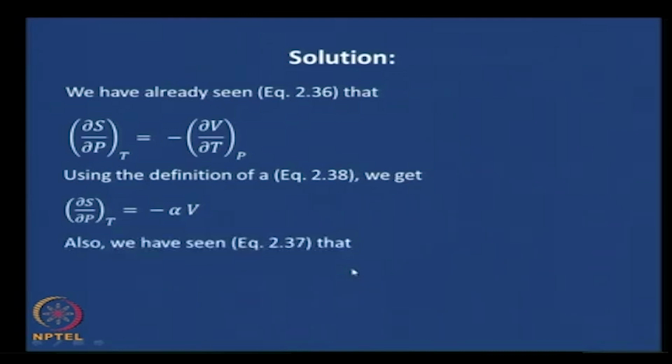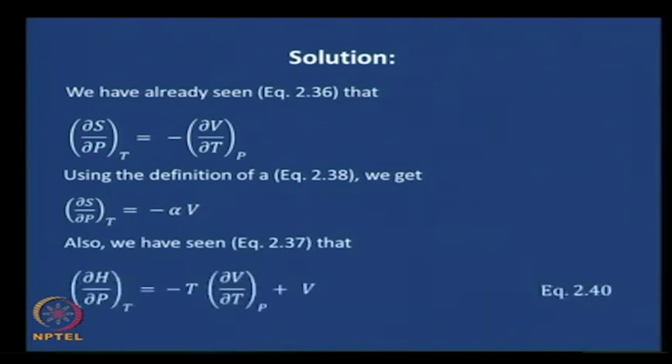Also we have seen from equation 237, dou H dou P at constant T equals minus T dou V dou T at constant P plus V. Let me call this equation 240.